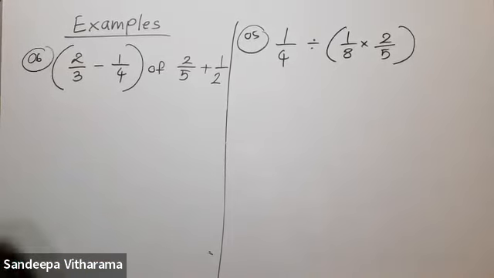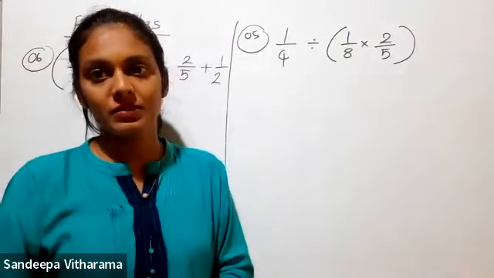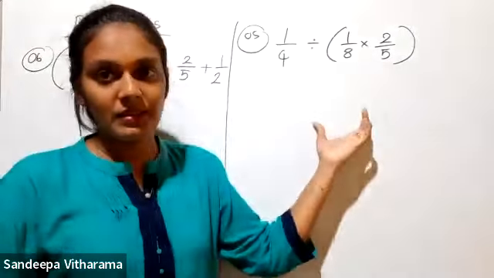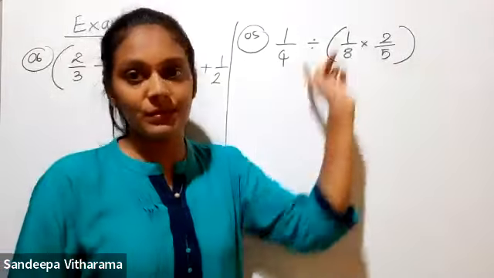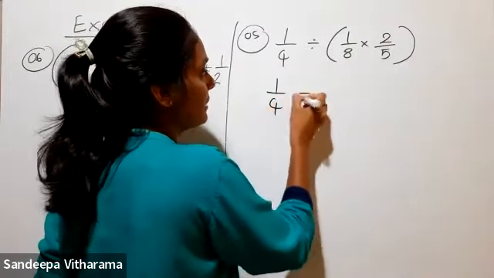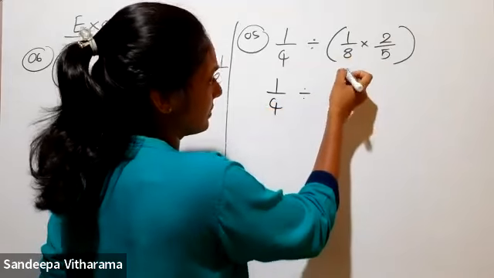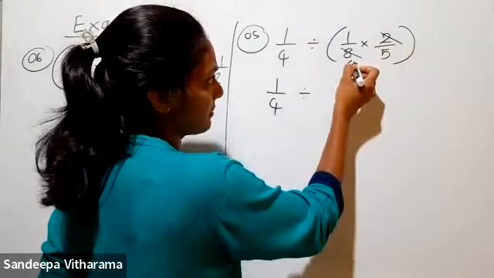Okay, let's see what the answers are. Here what you have to do first. Look, what do we have to do here? Within brackets, we have the multiplication, no? So first of all, remove the brackets. To remove the brackets, we have to multiply. Okay, look at here. When you have to multiply, you can do it here itself.